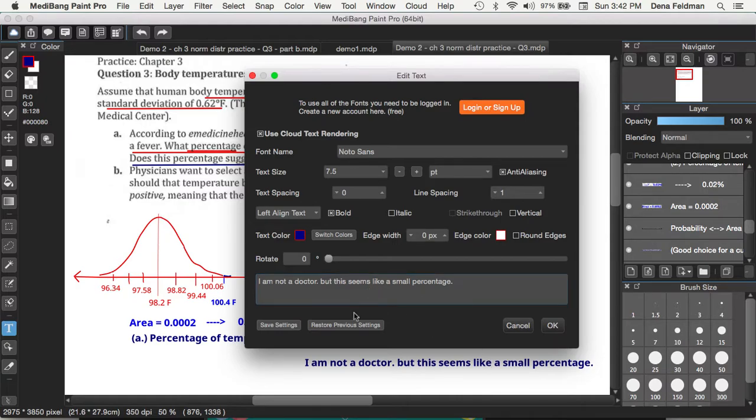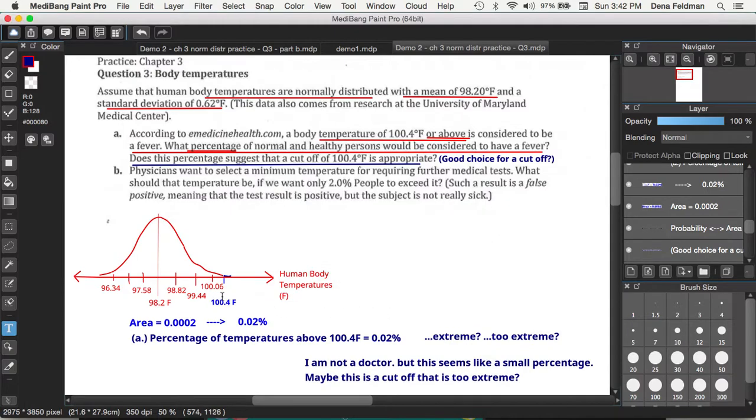Maybe this is a cutoff that is too extreme. I'm not a doctor, but if few enough people are being considered to have a temperature, then maybe what if someone has a temperature of 100.01? Should that also be considered a fever?